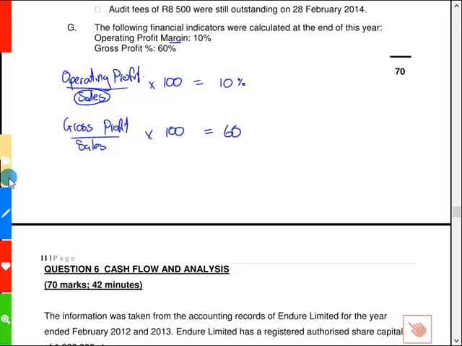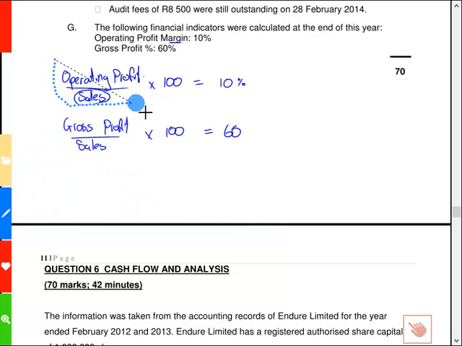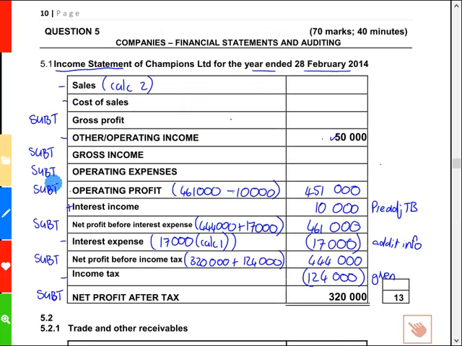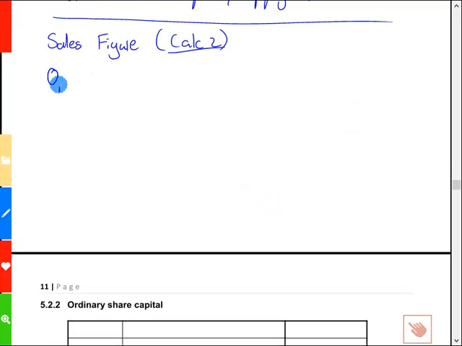Let's just grab this here. I wonder if this will work. That didn't work. Alright, let's go back here. We know operating profit over sales is going to give me 10%.